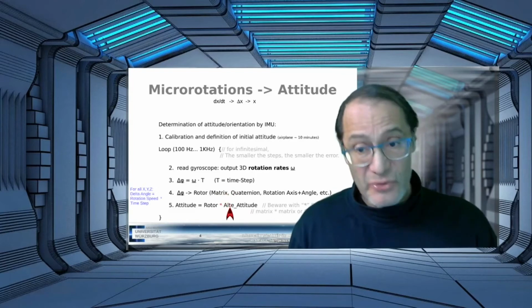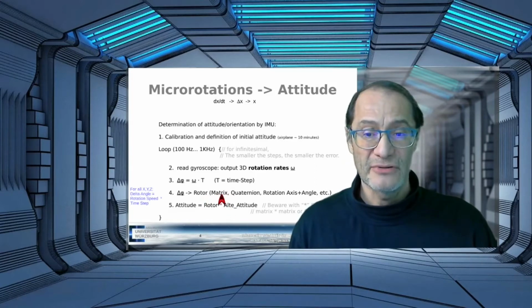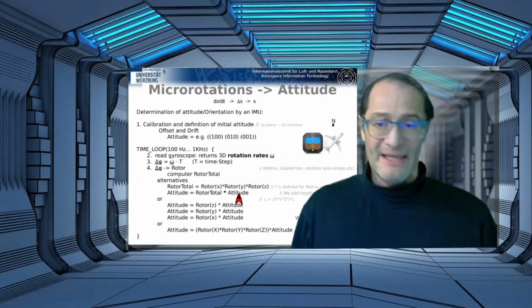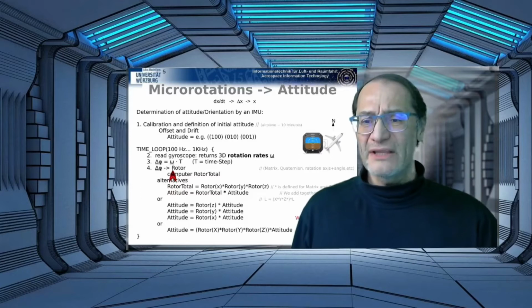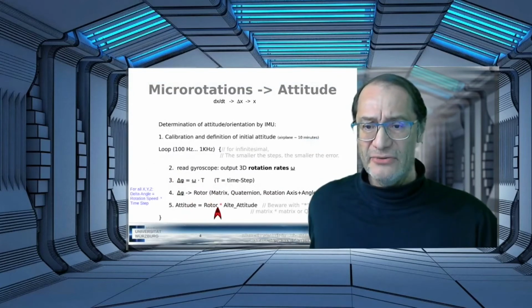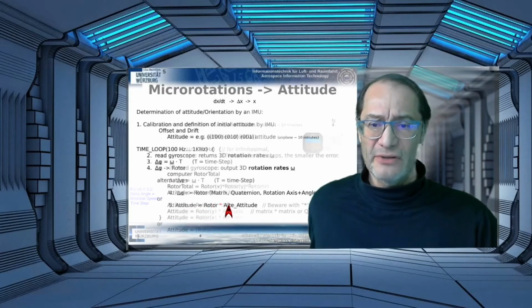And of course, the attitude shall be encoded in the same way as the rotor, matrix or quaternion. Okay, now we have 2 or 3 alternatives for this computation. This computation here, attitude equals rotor times the old attitude.